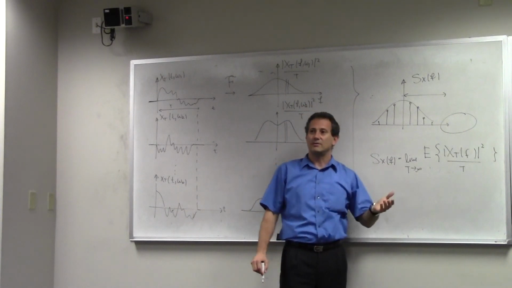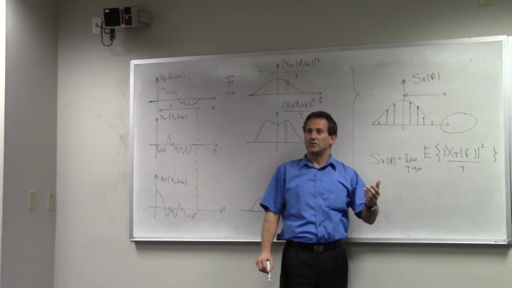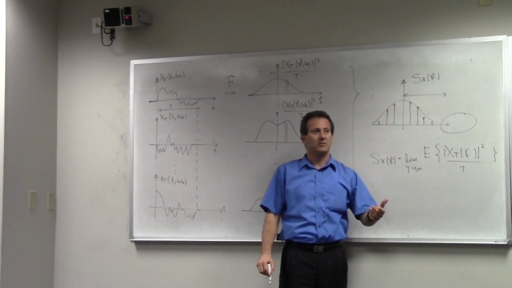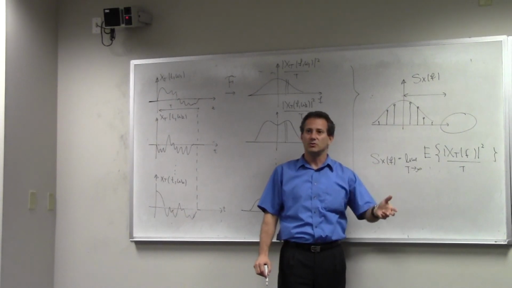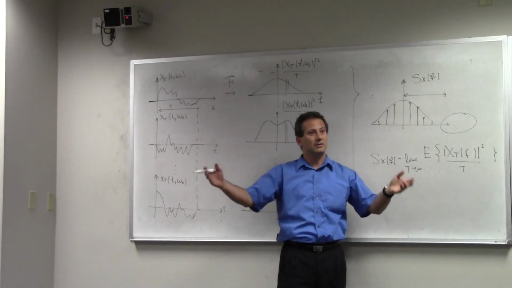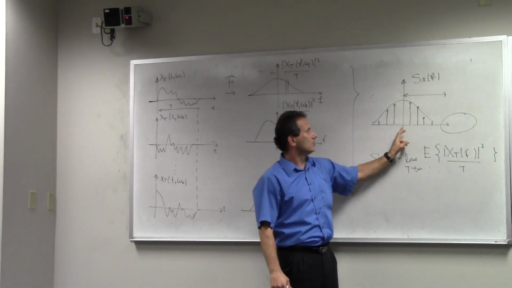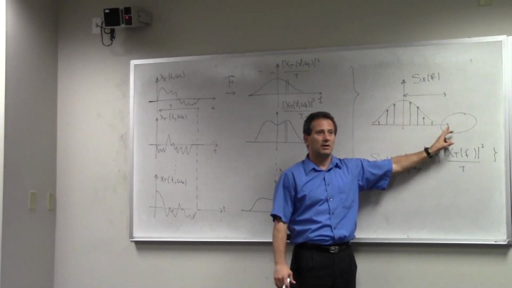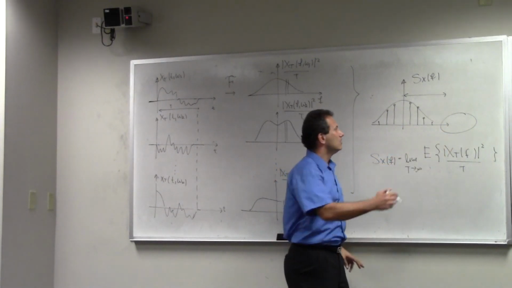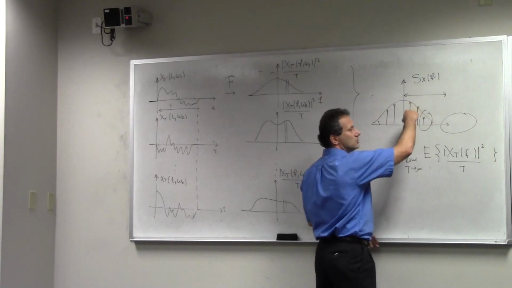And that always travels with the random process, right? We say, okay, this is a speech signal, bandwidth 4 kilohertz. This is music, bandwidth 15 kilohertz. This is video, bandwidth this much, right? So this is how it's determined. And not only do I know how far it extends, I know the relative contribution of each band, right?